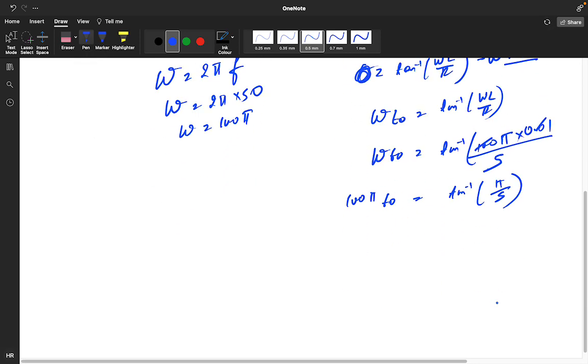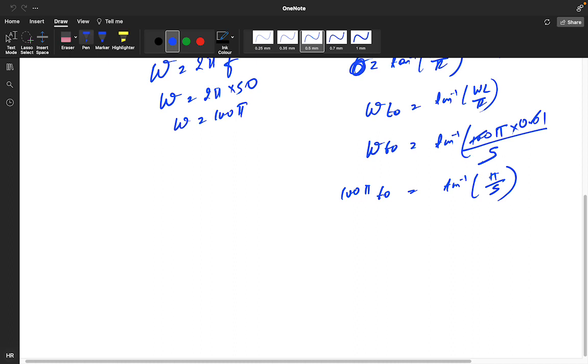So it is in radian. So calculate the value and get the result. T naught value is 1 by 100 pi tan inverse pi by 5. So how much will t naught come? 1 divided by 100 into pi. What is the value of tan inverse pi by 5? It is in radian. So be careful.